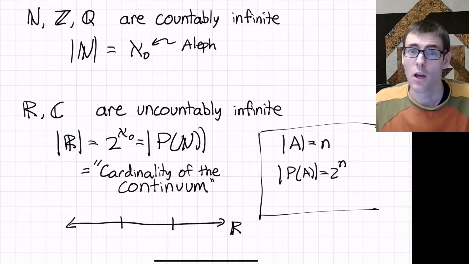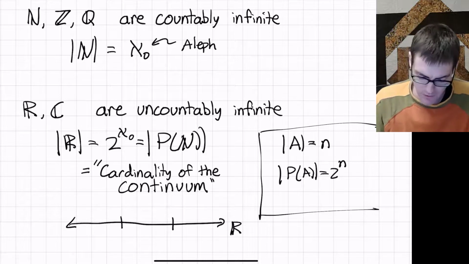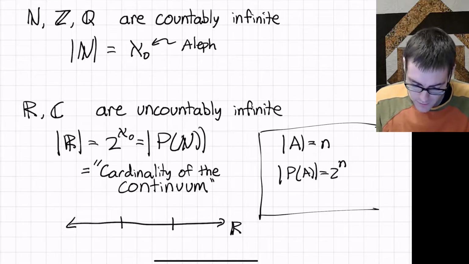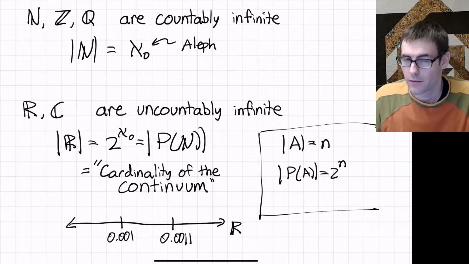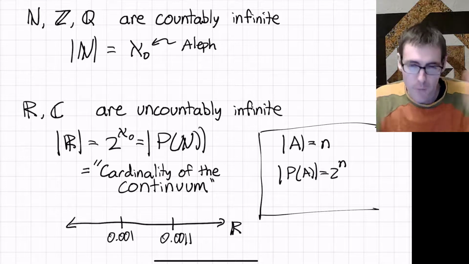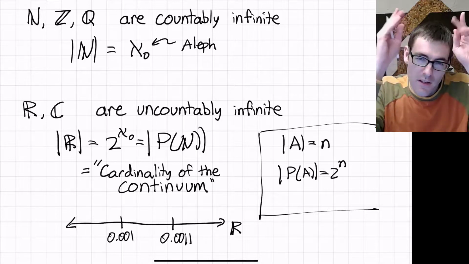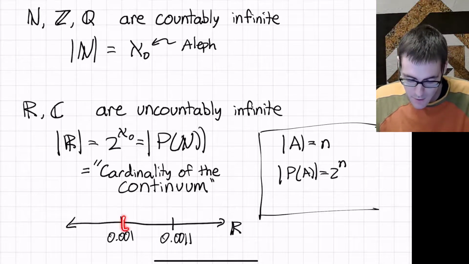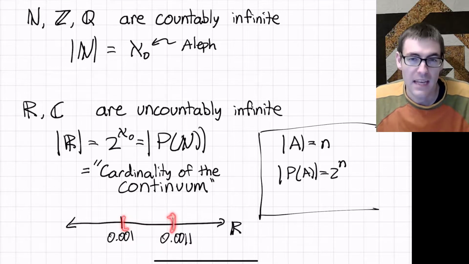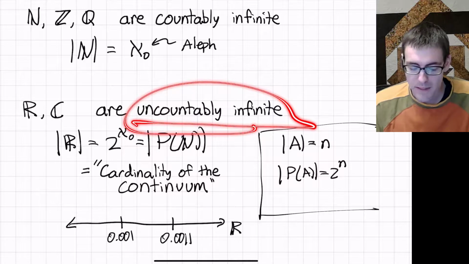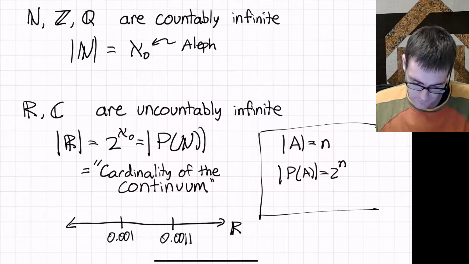I can actually choose any two numbers as close together as I want, let's say 0.001 and 0.0011, right? Two numbers that are arbitrarily close to each other. The size of the set of real numbers between them is this uncountably infinite set.